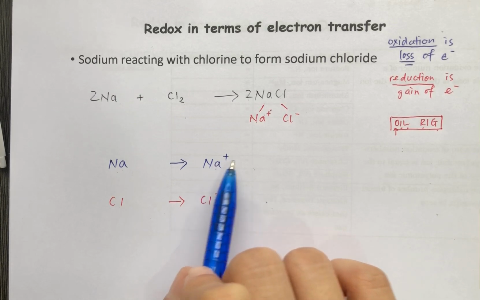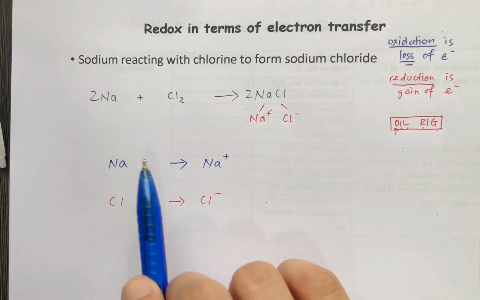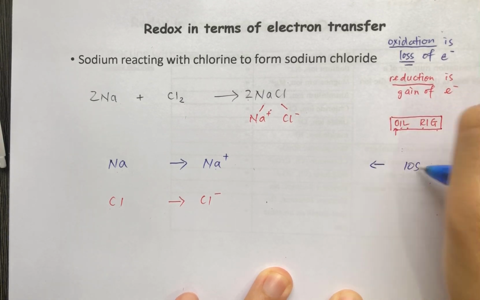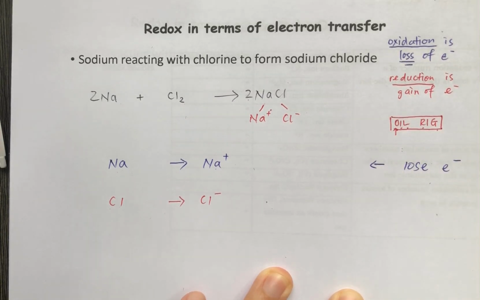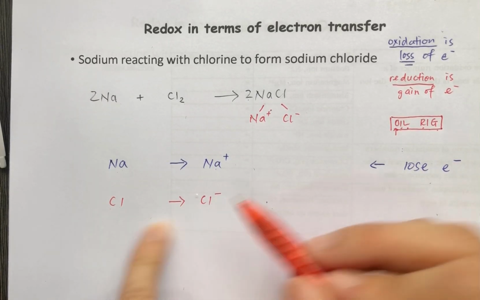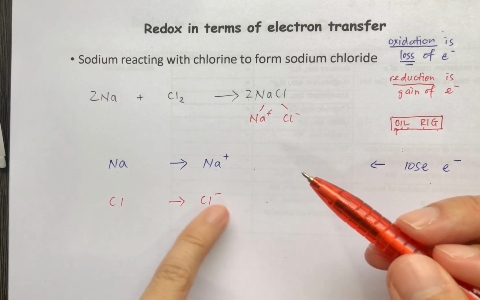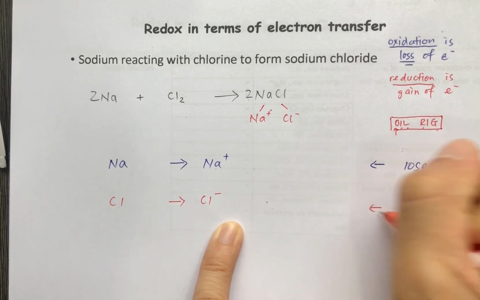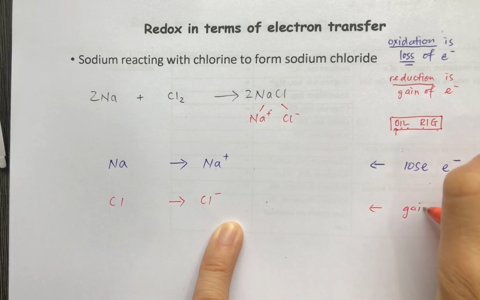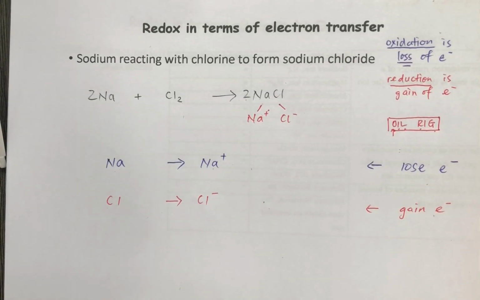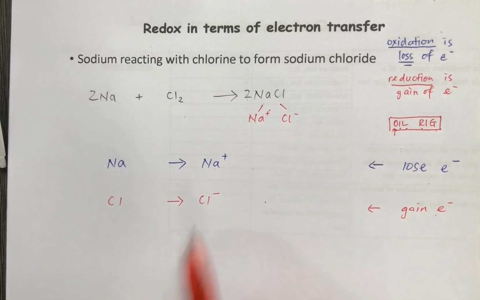So if it did not gain electron, it actually means that it loses electron. So now I know this one actually loses electron. Whereas when I look at my chlorine, it goes from Cl to Cl minus. It becomes negative already, right? That's because it has gained electron. So gain electron, that's why it becomes negative.